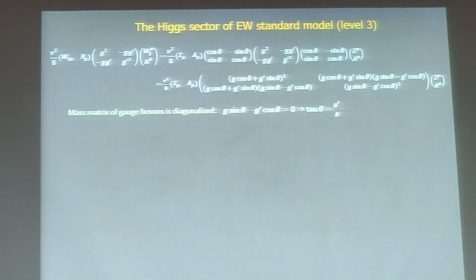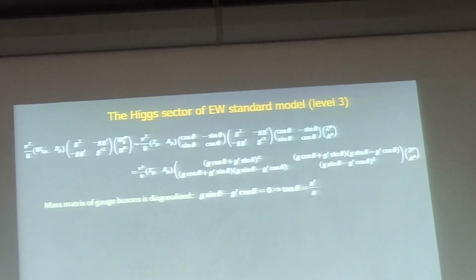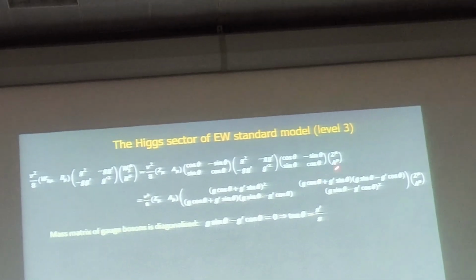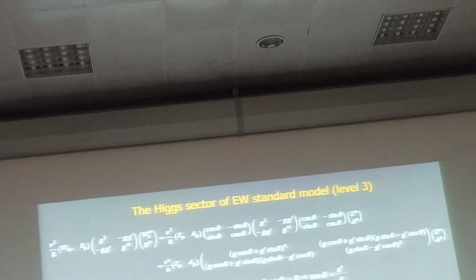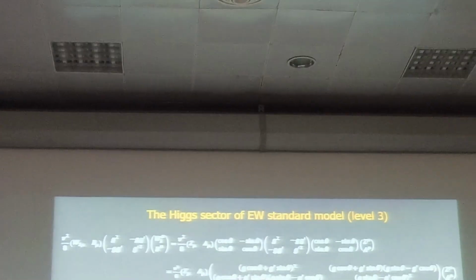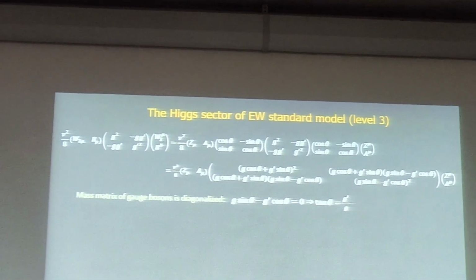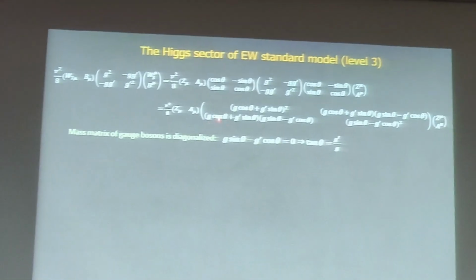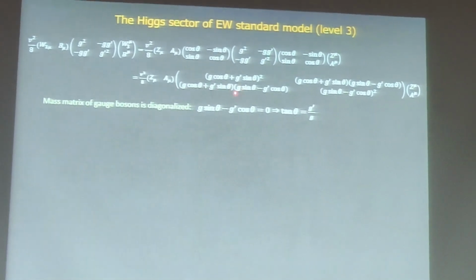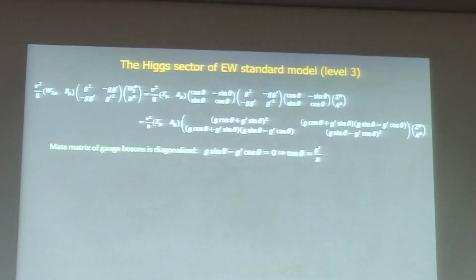That will happen if the off-diagonal terms are 0. You see that each off-diagonal term is a product of two factors. So I can make it 0 by assuming that any one of the factors is 0. Either I say this factor is 0, or I say this factor is 0. Either way I can make it a diagonal matrix.